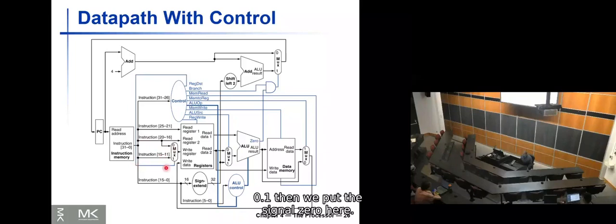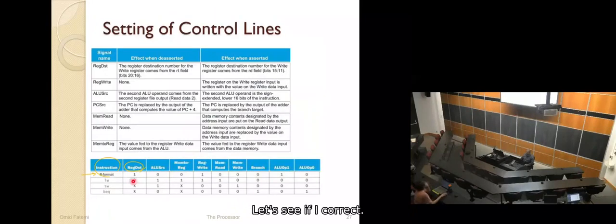When we put the signal 0 here, it selects this. Sorry, this is the write register. The write register is RD. When we put 1, this will be selected. For the load, we put 0, so this is selected. So for R format, we have to put 1 here, so it selects this one.